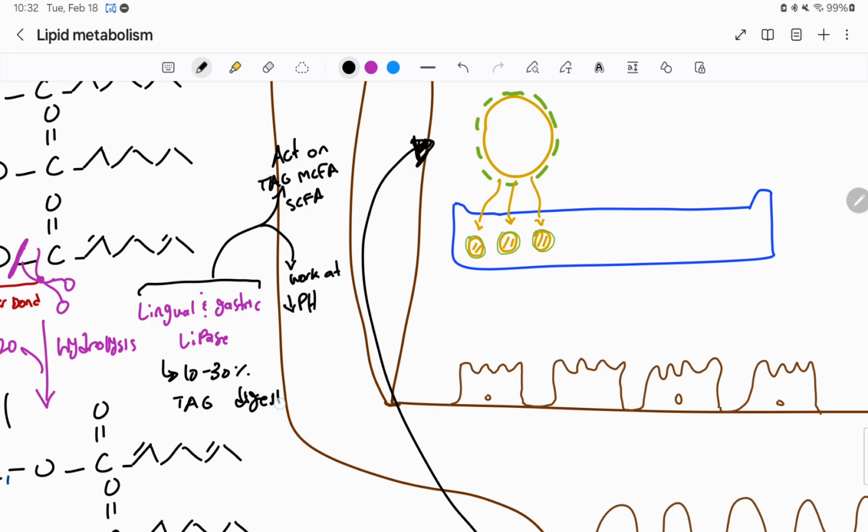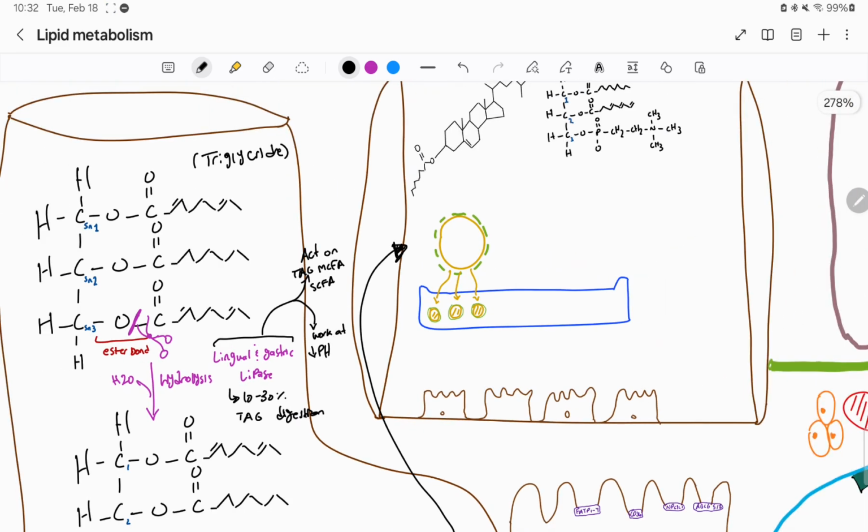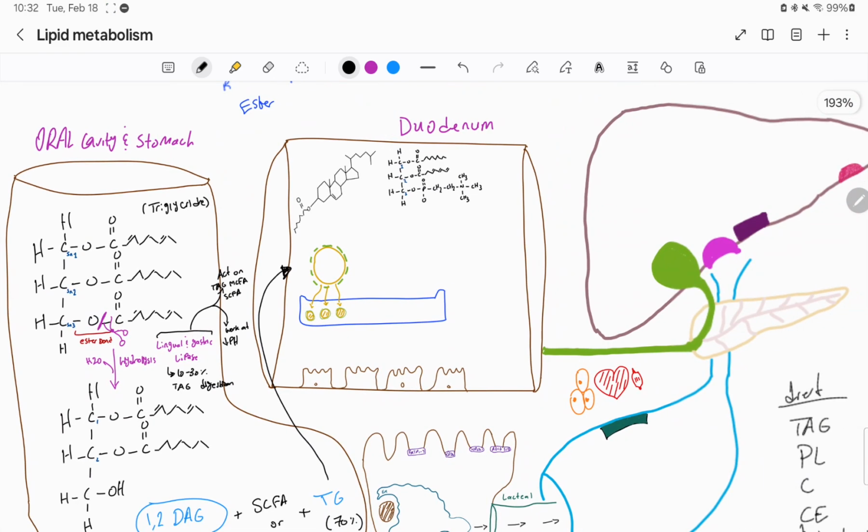That's interesting. Now, with these guys moving on towards the duodenum, we can look at how the triacylglycerol is going to be absorbed and how the cholesterol and the phospholipids are going to be absorbed. But before we take a look at the triacylglycerols, let's take a break real quick.